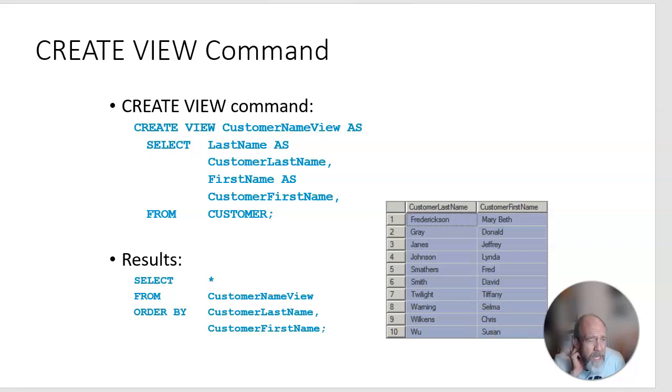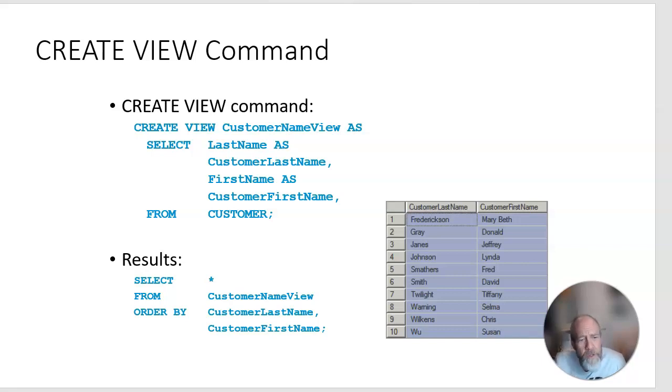Now, note here that we've actually got select last name as customer last name. In any select statement, we have the ability to define the name of the column to be different from the name of the column of the table where we got it from. If we actually wanted it to read "customer last name" with spaces, that can be a string, so you can actually have it read nicely.